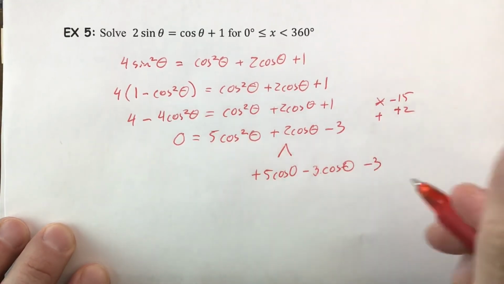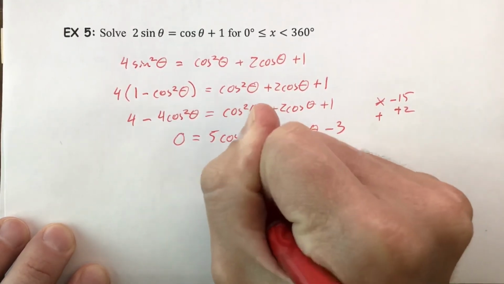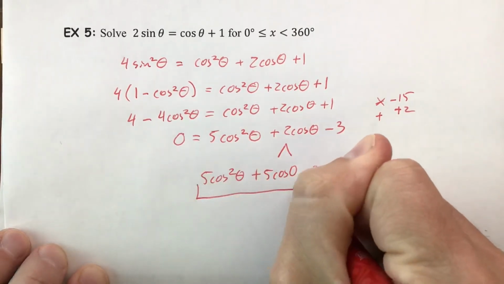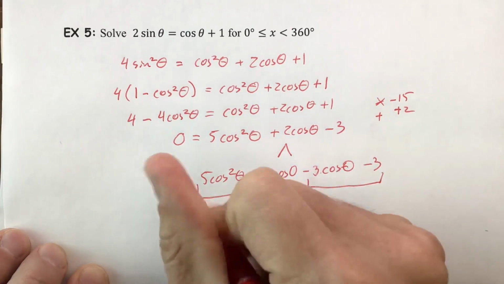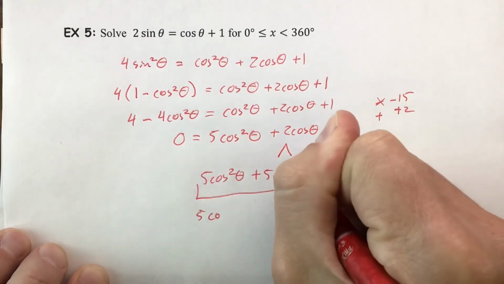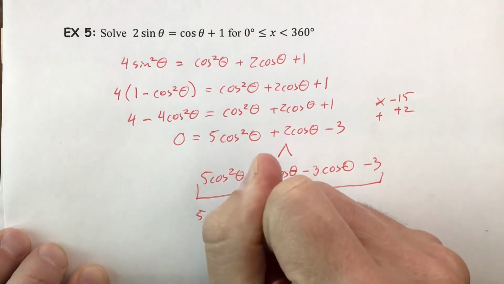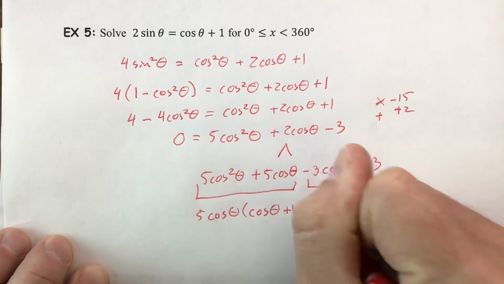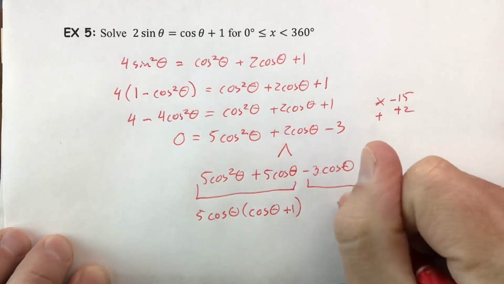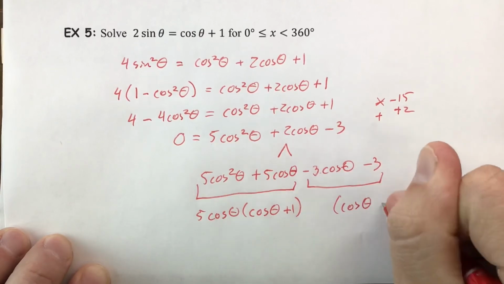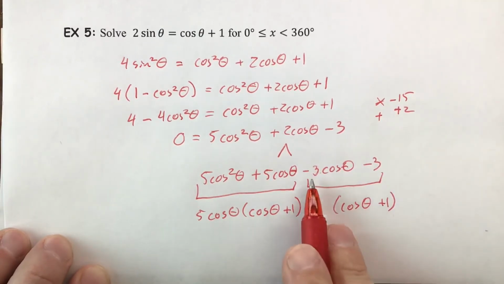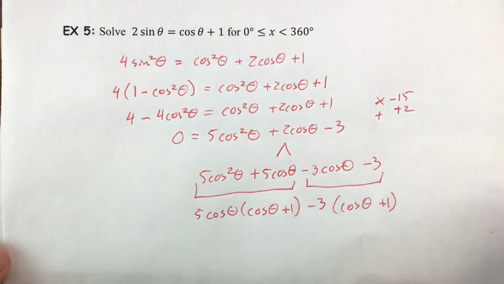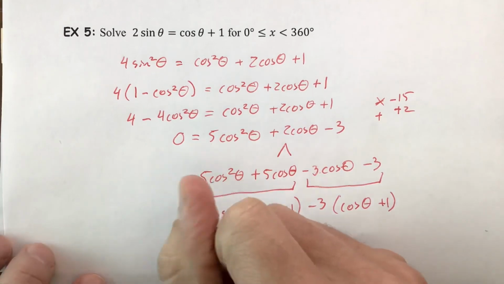All right, go ahead and drop down the negative 3 here. 5 cosine squared theta will go there. Factoring by parts, we can divide out a 5 cosine theta, leaving behind a cosine theta plus 1. And then on the other end, we need to get cosine theta plus 1 if this is going to work, and you can do that by dividing out a negative 3. All right, so that will leave us with 2 equations.